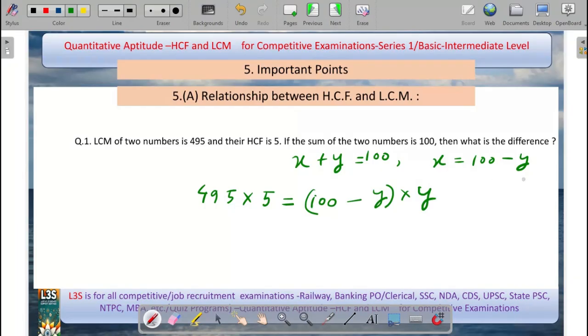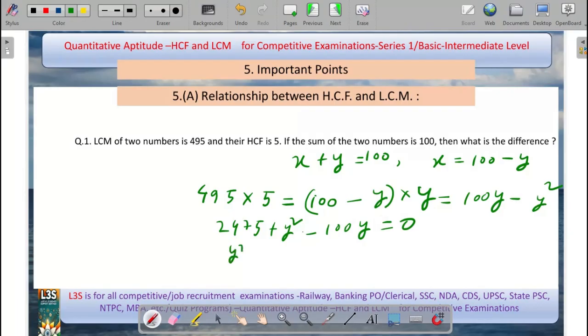In case of x we wrote 100 minus y, so 100 minus y into y will be 100y minus y square. So 495 into 5 equals 100y minus y square, that is 2475. If we take it to this side, y square minus 100y plus 2475 equals 0.